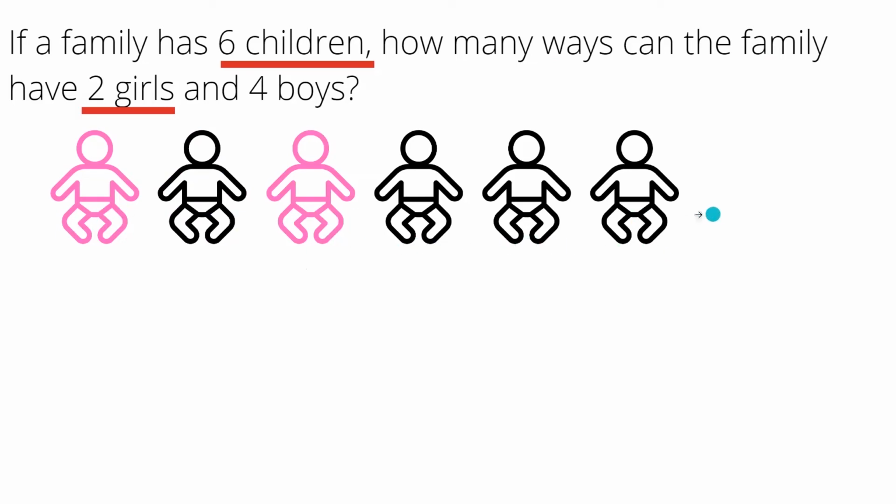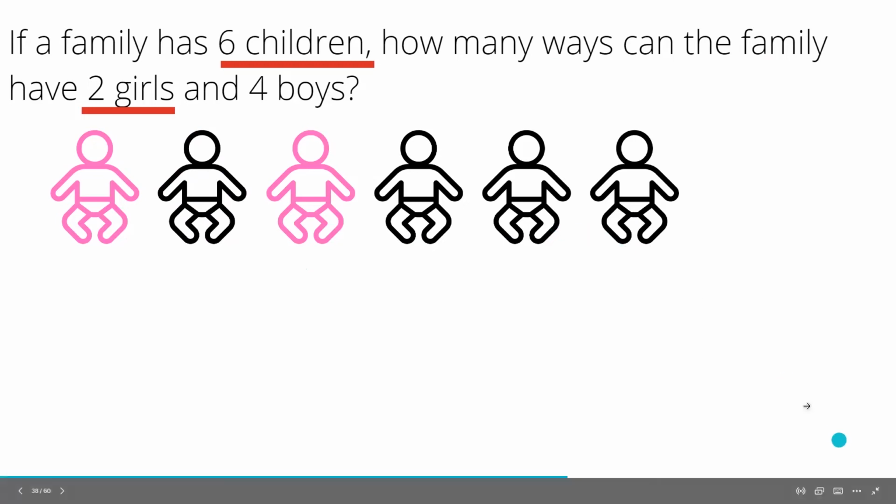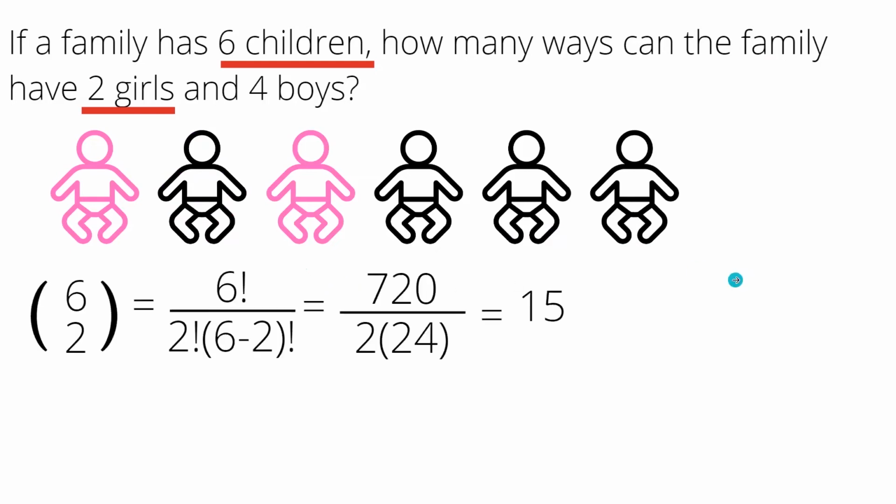So rather than having to count how many different ways there are, let's talk about how we can do that mathematically. We have 6 children to begin with, and we are going to pick 2 girls. We're going to plug this into our formula because the order does not matter.